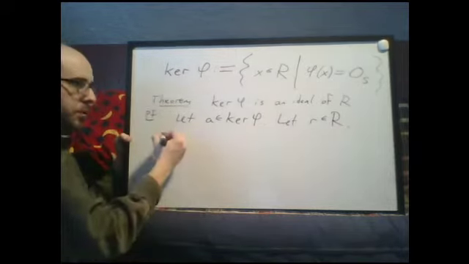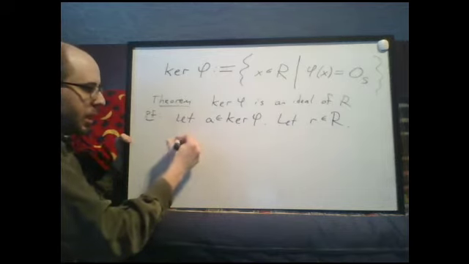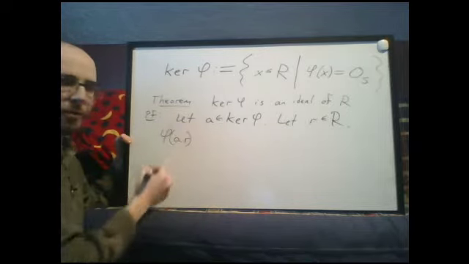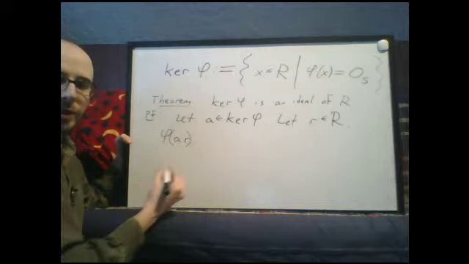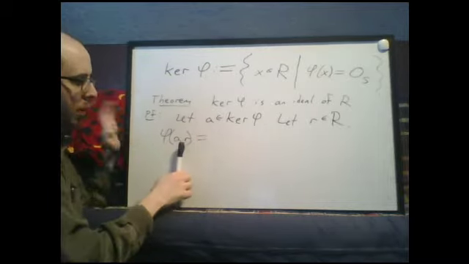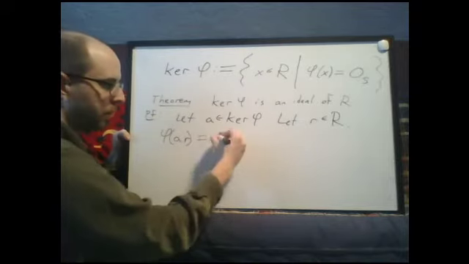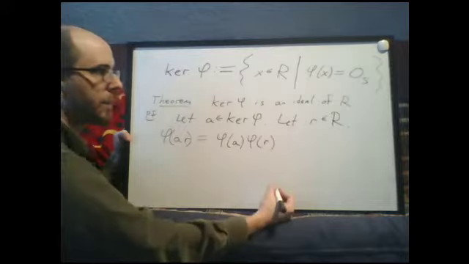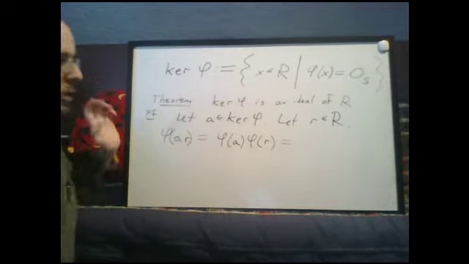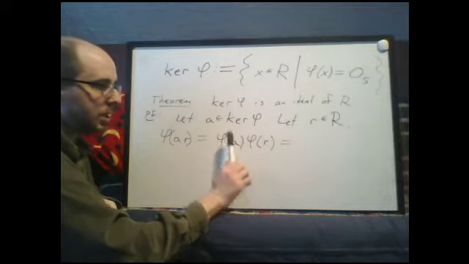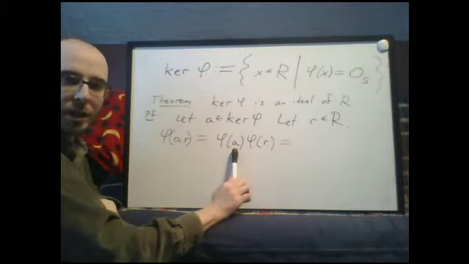But to show something's in the kernel, in this case a times r, I look at what happens if I apply phi to it. So phi of ar. It's a ring homomorphism, so I can split this multiplication up: phi of a times phi of r. I don't know anything about phi of r. However, since a is in the kernel, phi of a is 0.